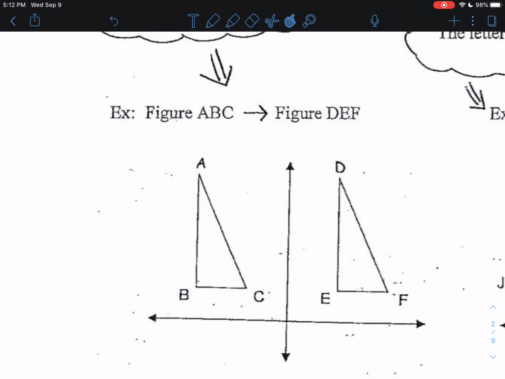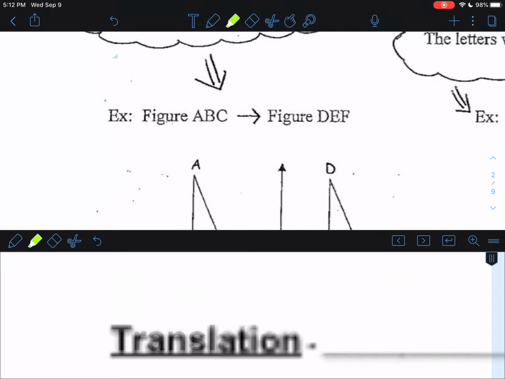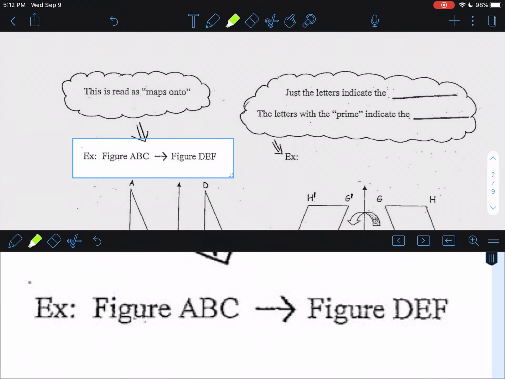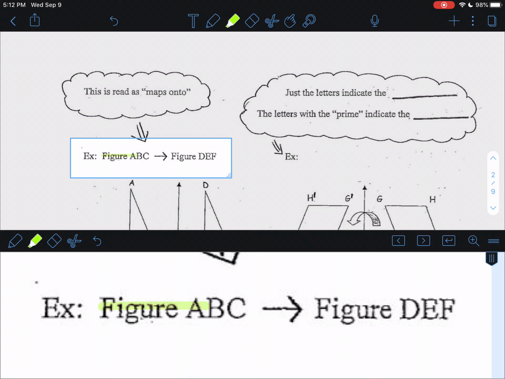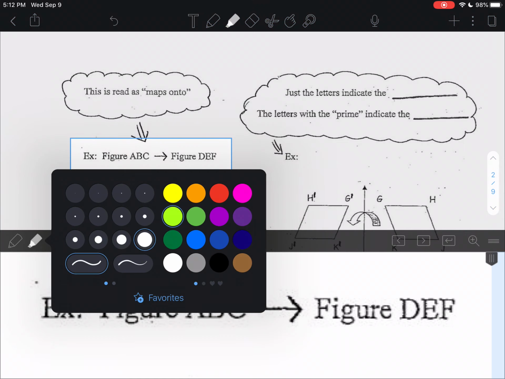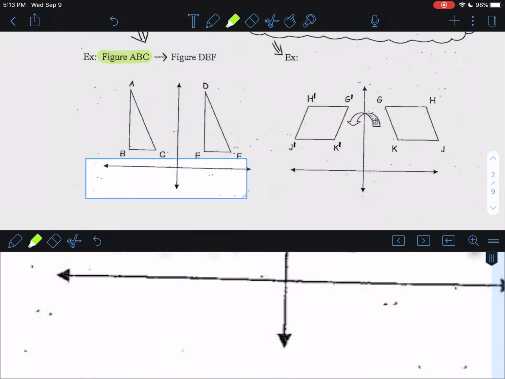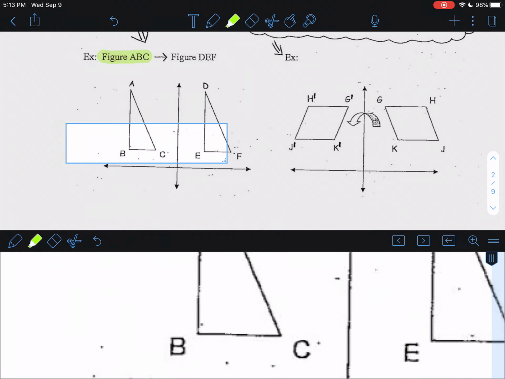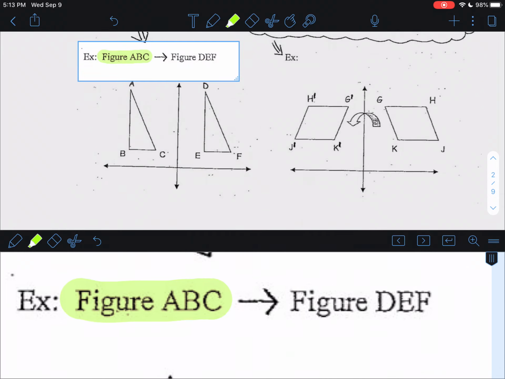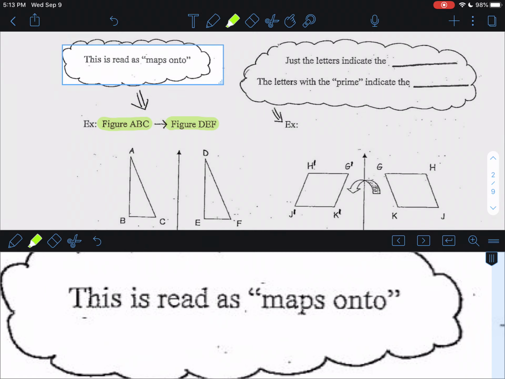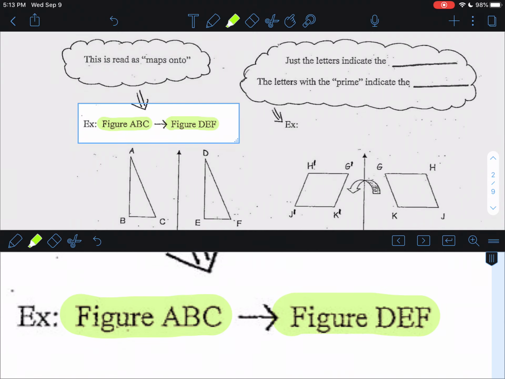We have, I'll highlight it. What is it? Okay. We have figure, oh, that is not big enough. Maybe like that. Yeah, okay. We have figure ABC, which is this triangle here with the A, the B, and the C, being mapped onto figure DEF. And they tell us there that it reads as maps onto, which is what we say when we see that arrow.